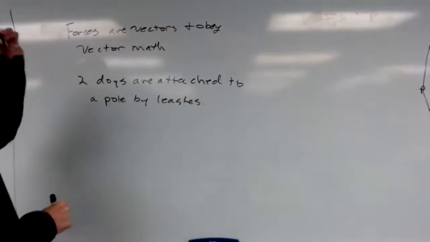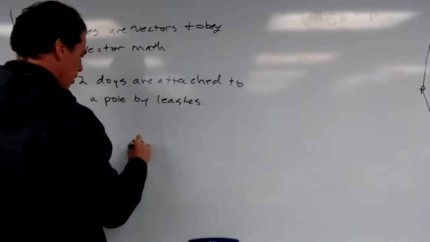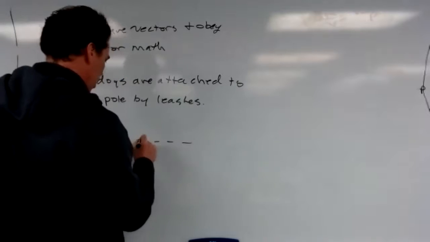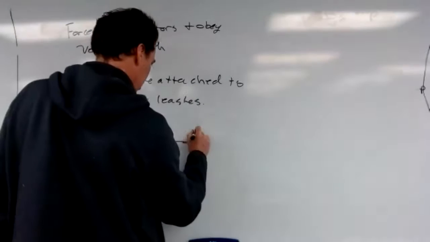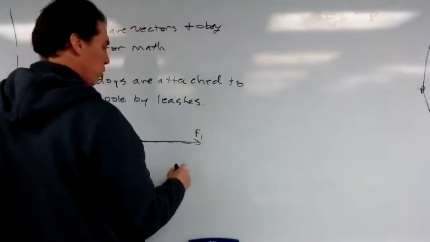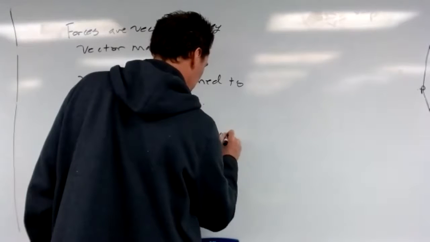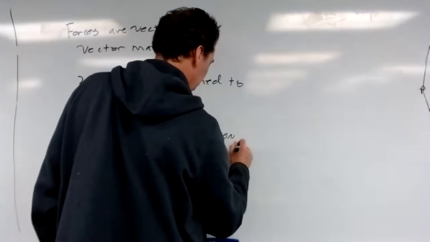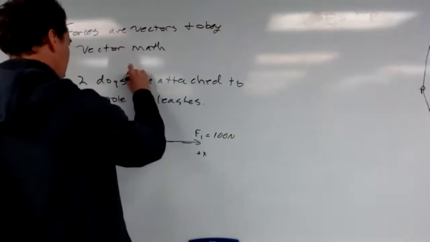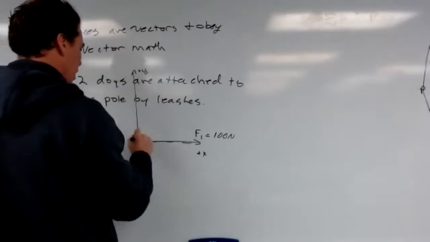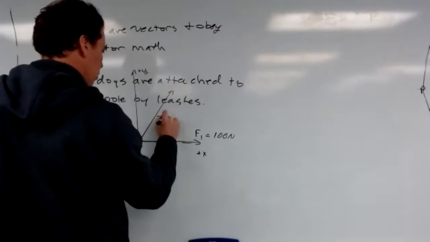two dogs are attached to poles by leashes. And so I'll just, this is a top view, right? And so I'll say, dog 1 is pulling with a force of 100 newtons in the x direction, and dog 2 is pulling with a force of 200 newtons.